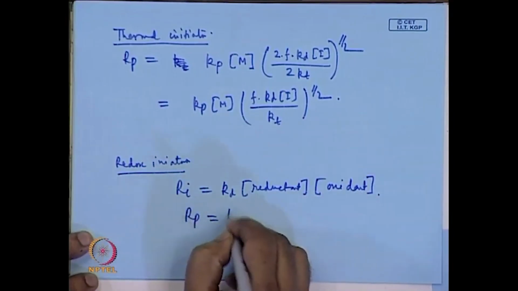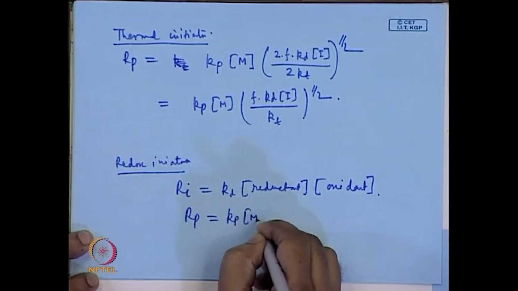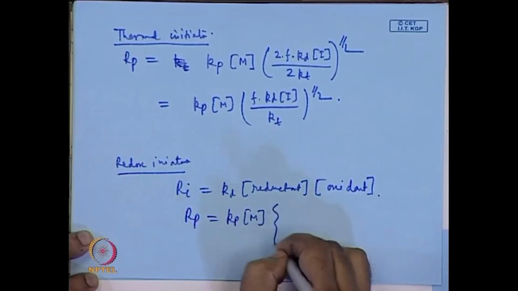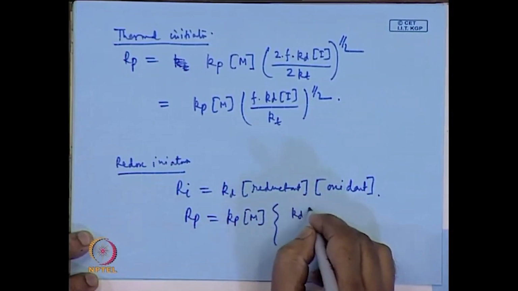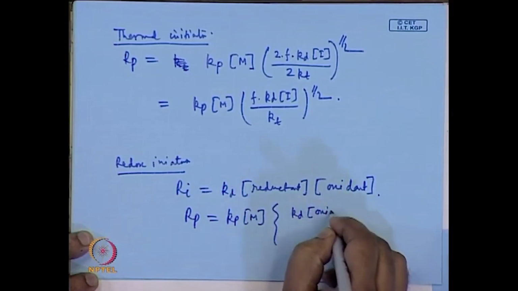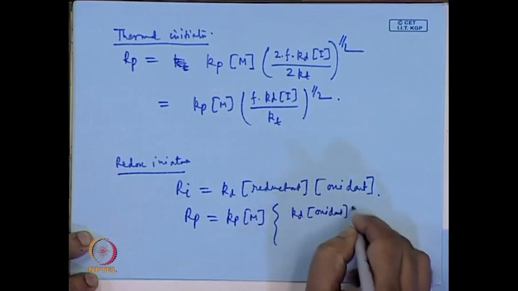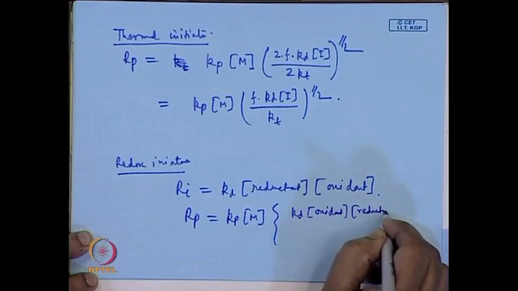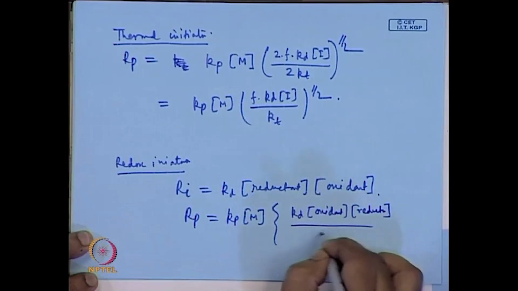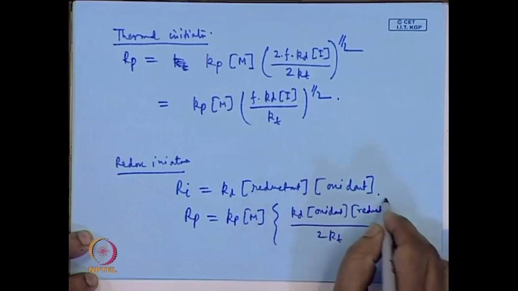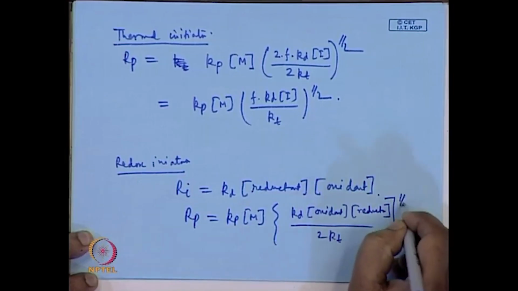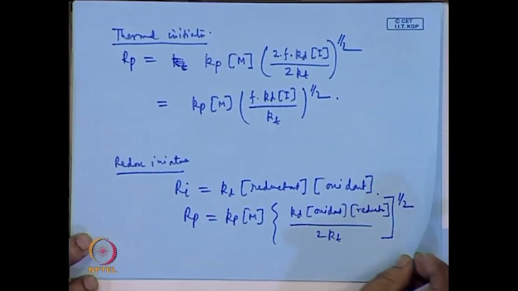So, Rp would be Kp m times Kd oxidant by reductant concentration over twice Kt to the power half.